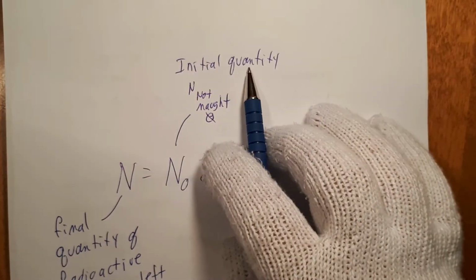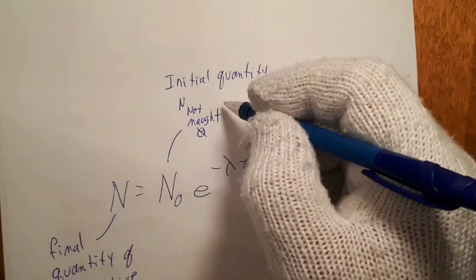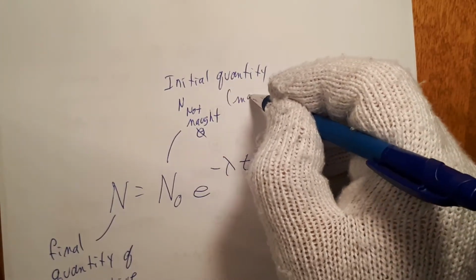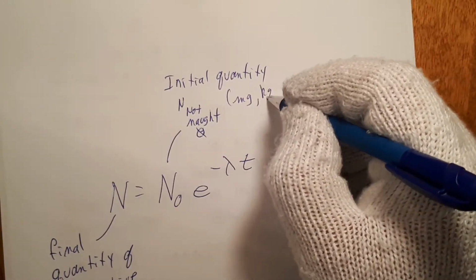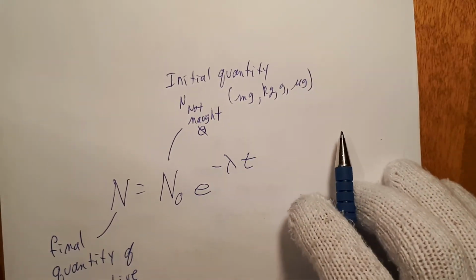And again, being the initial quantity, as this is the final quantity, it has units of milligrams or kilograms or grams or micrograms or any other unit of mass.